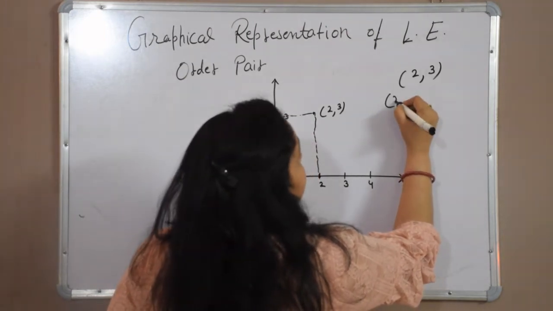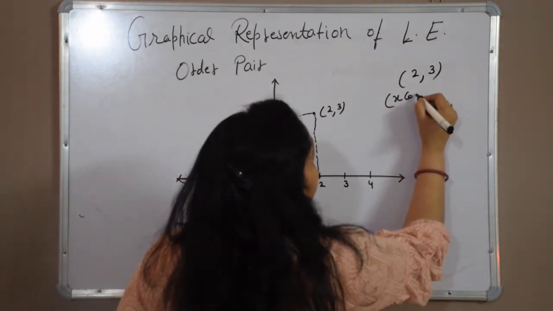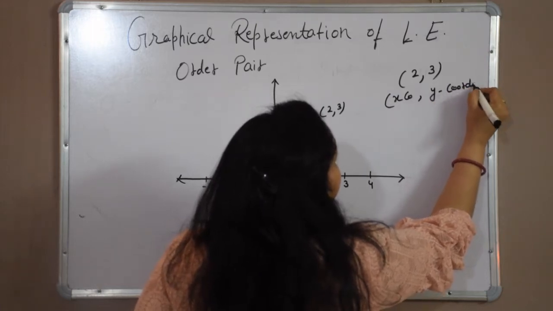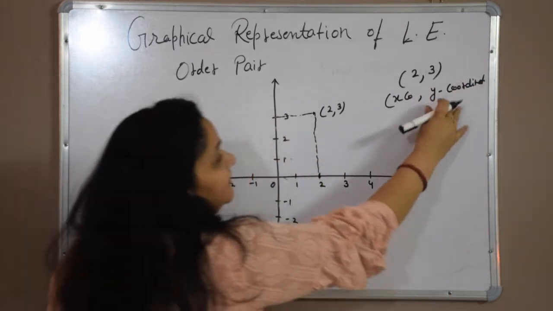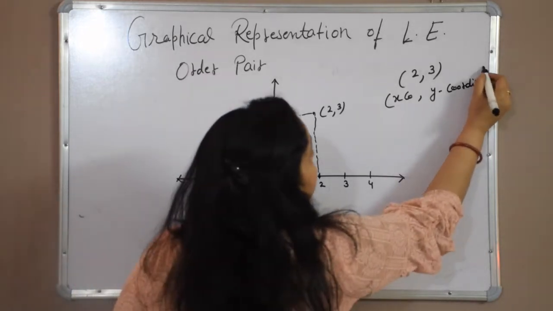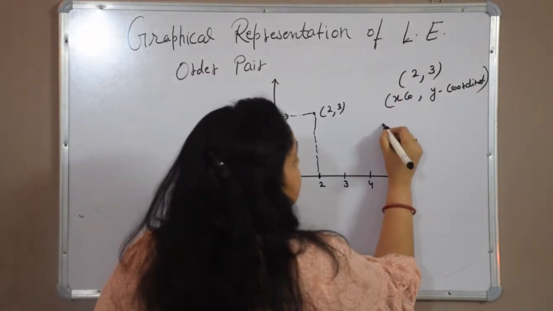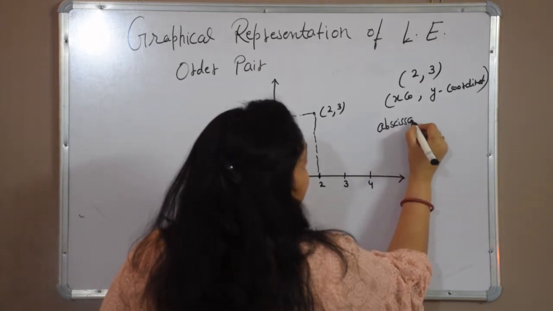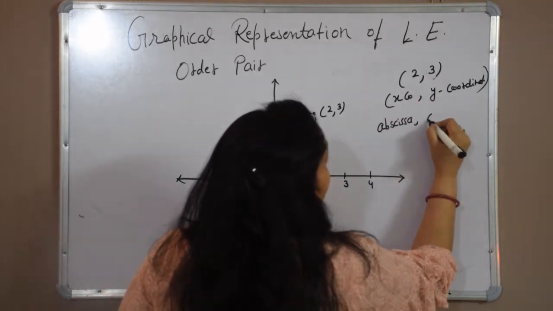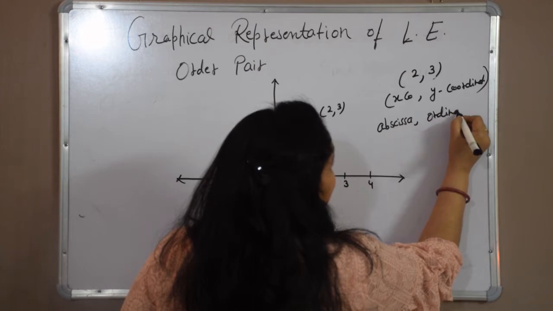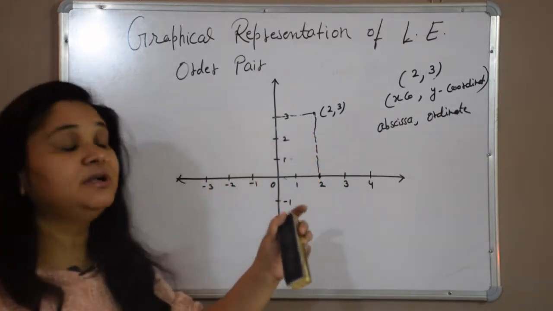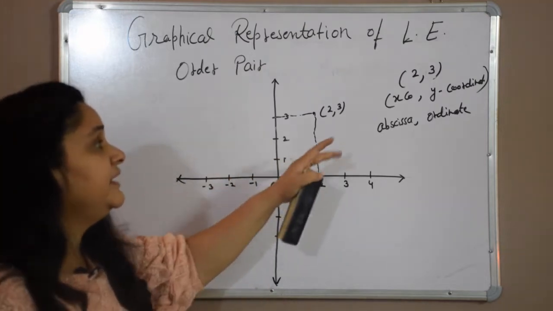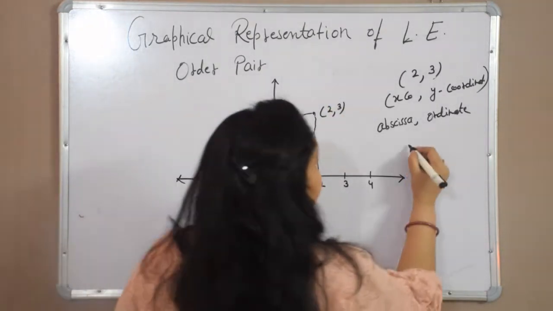Simply we call it the x coordinate, and this the y coordinate. They also have particular names. This number is called the abscissa, and this 3 is called the ordinate, and their combination is called the coordinates. So this (2, 3) is not just called a point, it is called a coordinate.